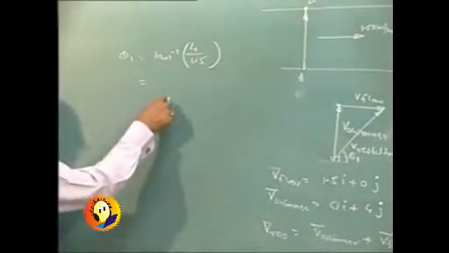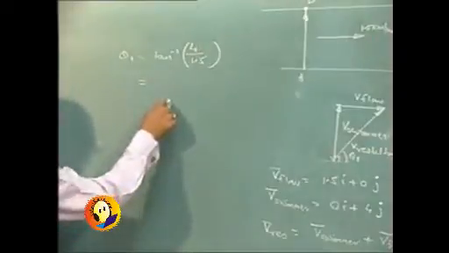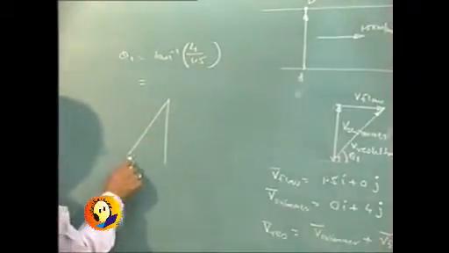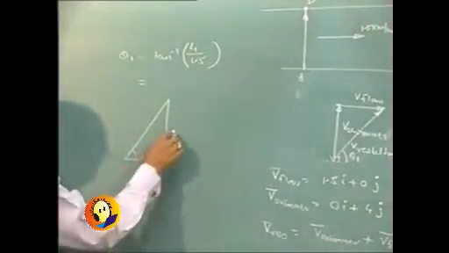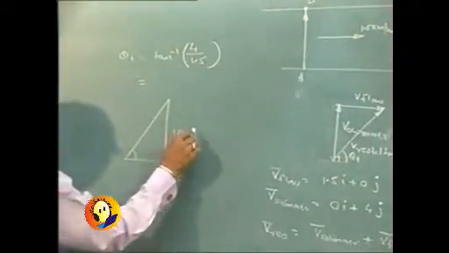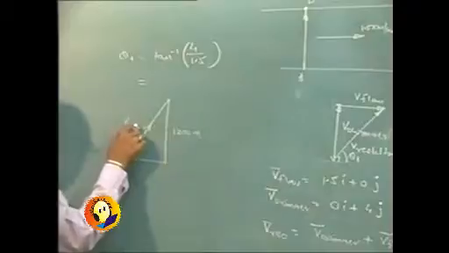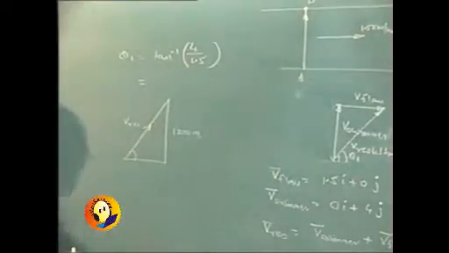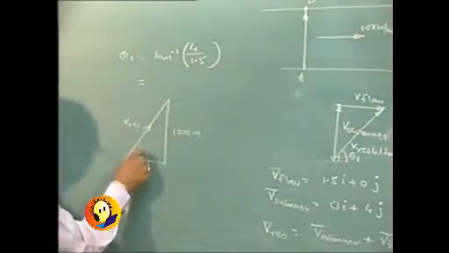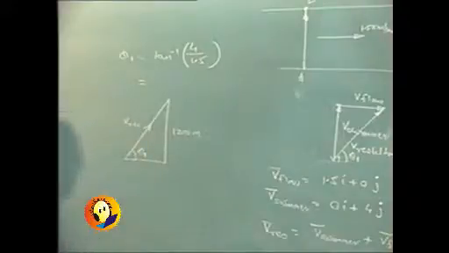Now once we calculate theta 1, then we know that if we just construct the triangle, this distance is given to us as 1200 meters, and this is the resultant velocity. This is the resultant velocity at an angle of theta 1.